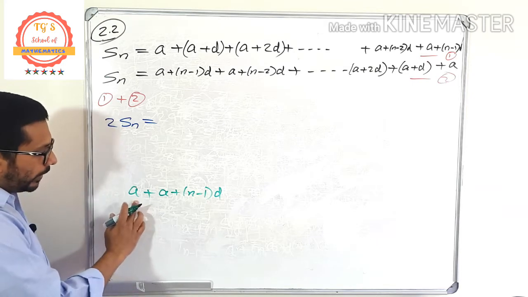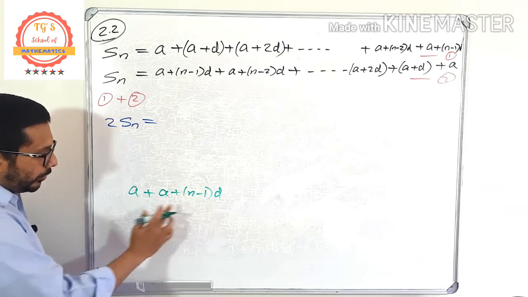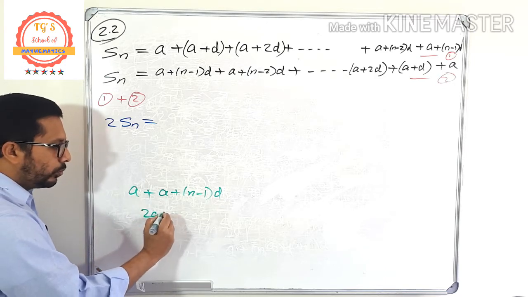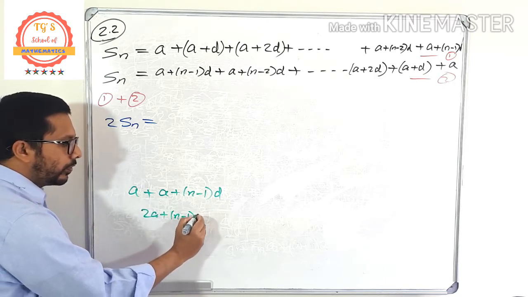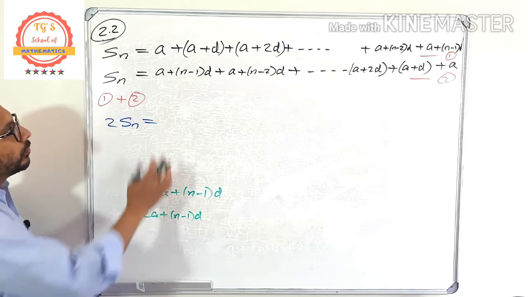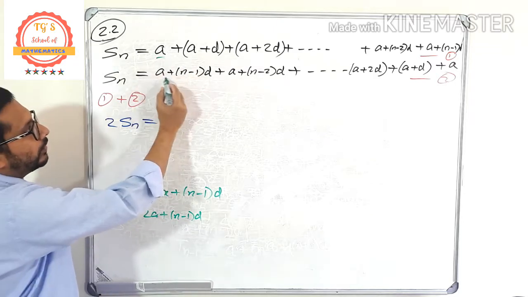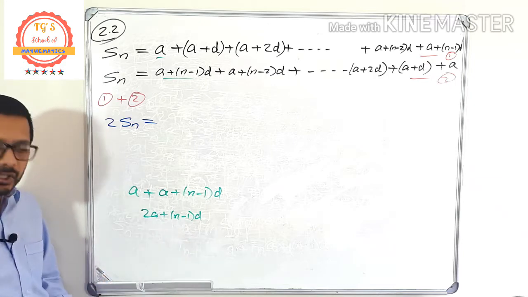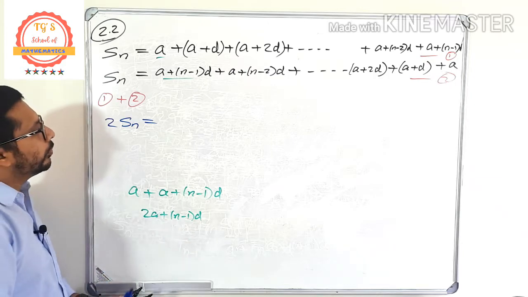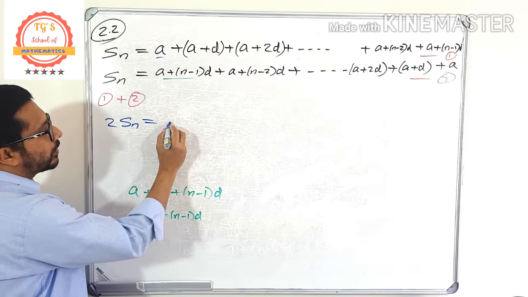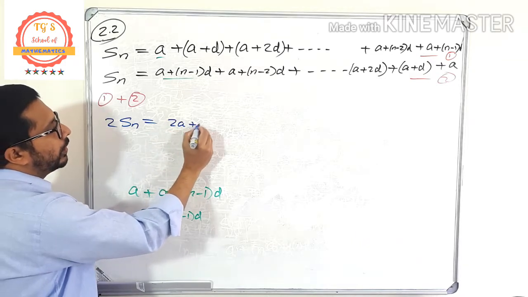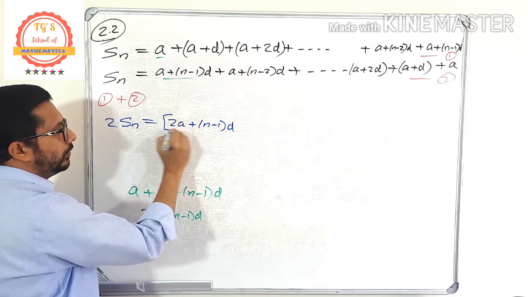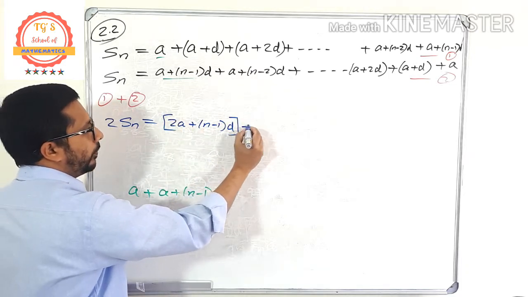So a plus a is 2a, so 2a plus n minus 1 into d. When you add the first term and this first term, you get 2a plus n minus 1 into d. So here I am going to write 2a plus n minus 1 into d. That is my first term, plus.